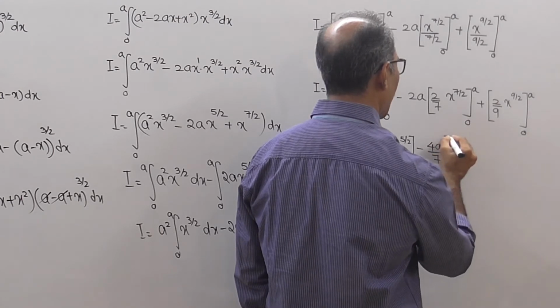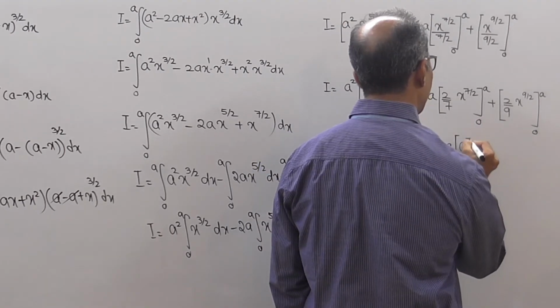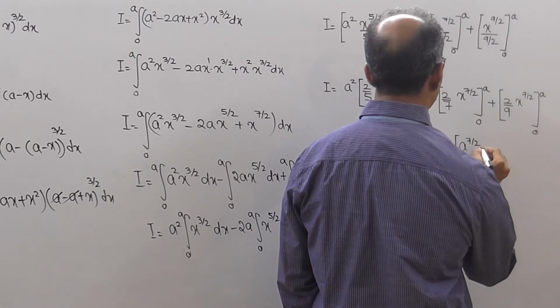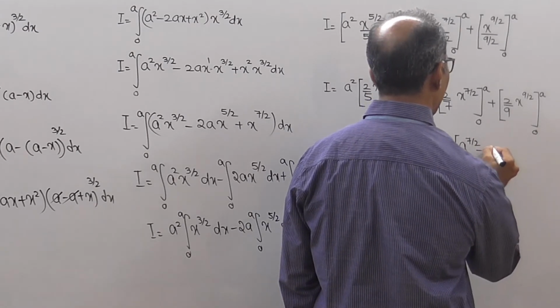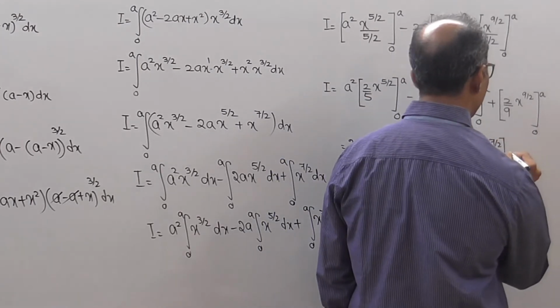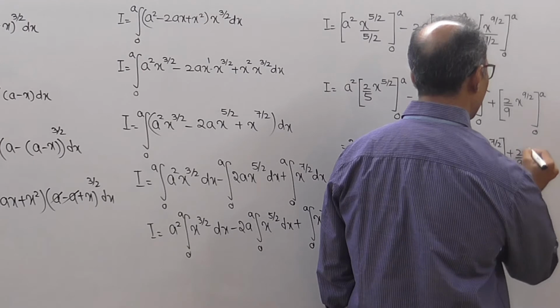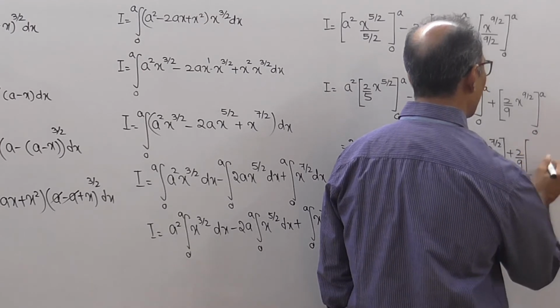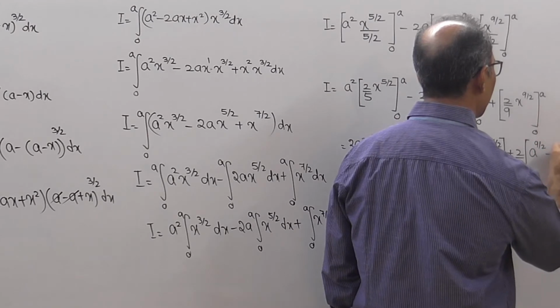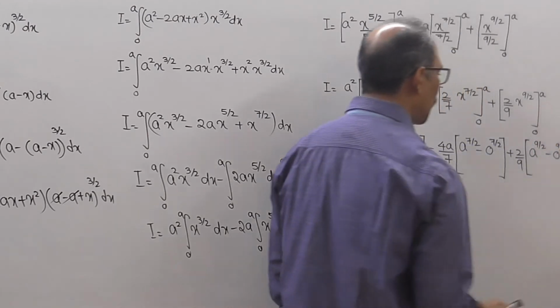which is 4a upon 7. This is a raised to 7 upon 2 minus 0 raised to 7 upon 2 plus 2 by 9, a raised to 9 by 2 and 0 raised to 9 by 2.